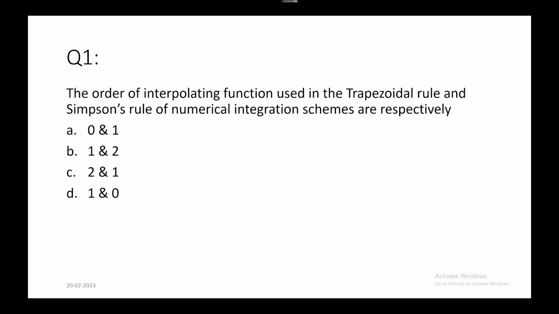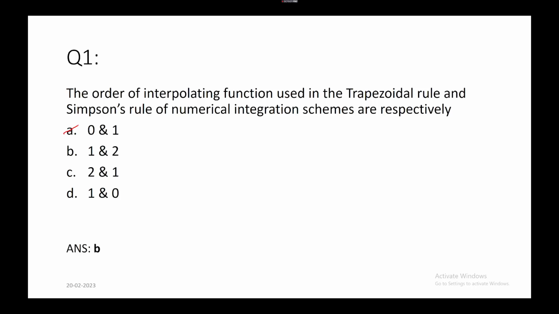A, 0 and 1. Okay, so one of the guesses is A. Any other guesses by anybody? Okay, we shall proceed to look at the answer.